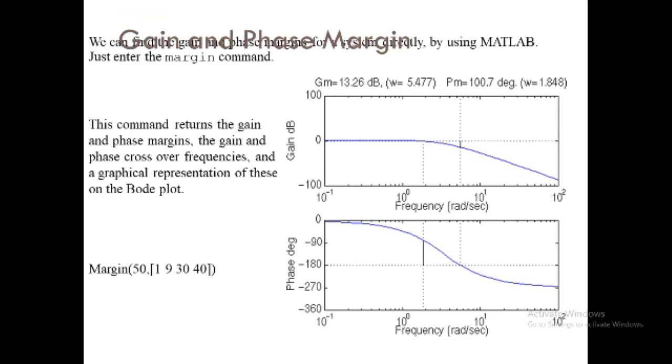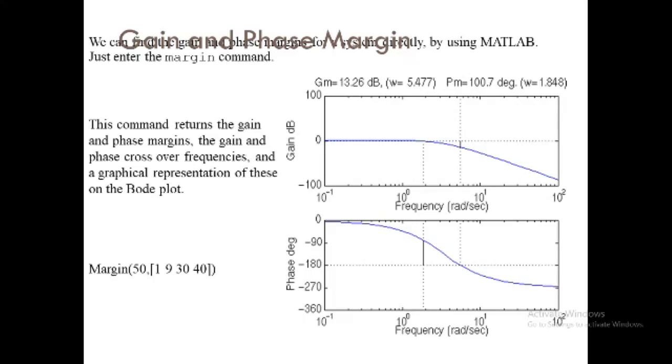It is also shown in the figure. Phase margin is computed by drawing a vertical line downward from the gain crossover frequency, that is, omega GC is the frequency at which the magnitude is 0, that is, 20 log of 1 is equal to 0 dB. This is shown in the figure.